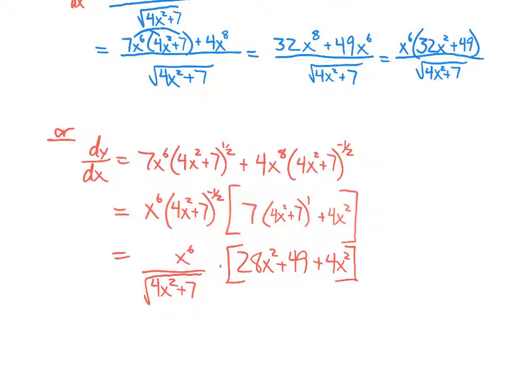And what is in the brackets? Well, it's that 32x squared plus 49. And when I put it all together, it ends up being exactly what we got the first time. It's just our path to get there was a little bit different.